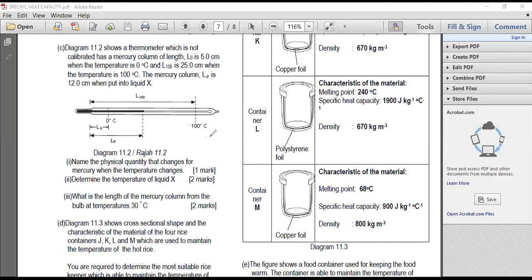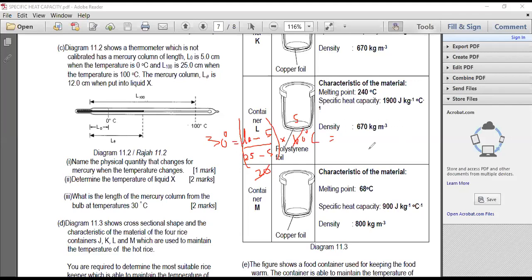So 30 degrees Celsius equals L theta minus L0, which is 5, over 25 minus 5, times 100 degrees Celsius. 25 minus 5 is 20.